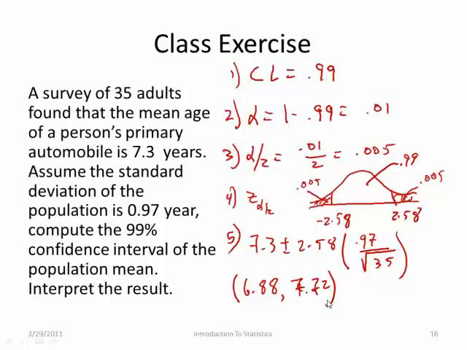So we are 99% confident that the true mean age of people's primary automobiles is between 6.88 and 7.72 years. We are 99% confident that the true mean age of a person's primary automobile is between 6.88 and 7.72 years.